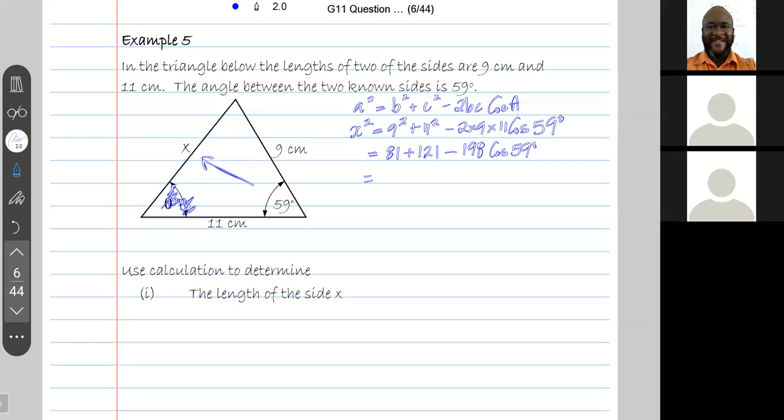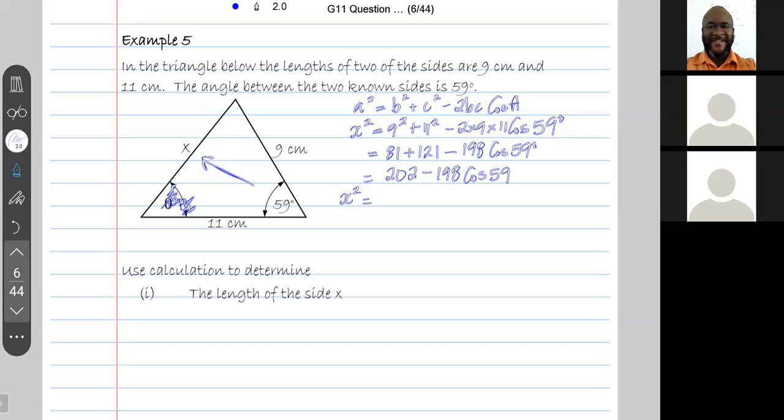So next we have 81 plus 121 minus 198, the cosine of 59 degrees. Let's put this in the calculator and see what we get.